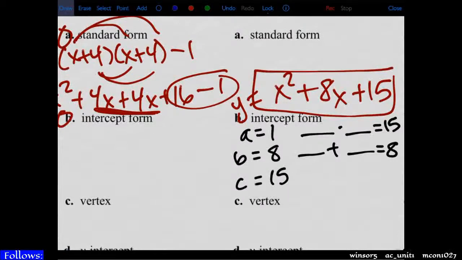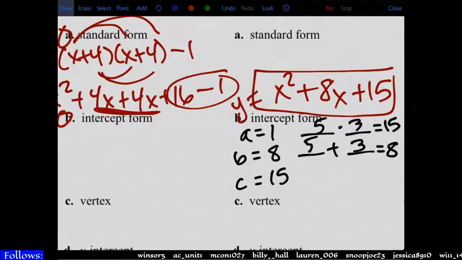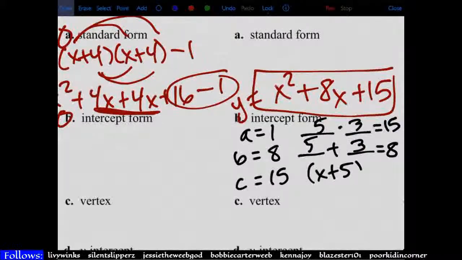So add to 8, multiply to 15. That would be 5 and 3. Since A is 1, we can use our shortcut: x plus 5, x plus 3.